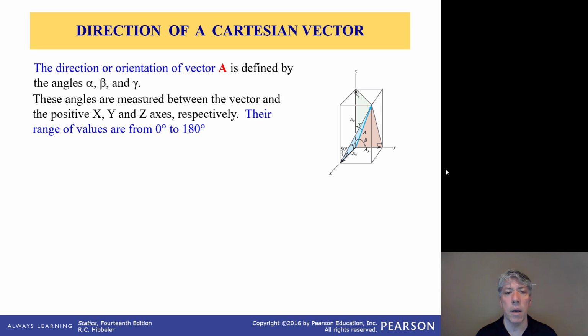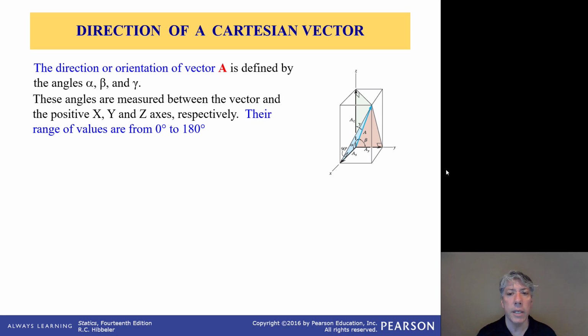Now, an interesting thing about these angles is that they can only vary from 0 to 180 degrees. If the angle between, say, the vector and the x-axis is 0, that means that vector lies along the x-axis necessarily. It has to. And therefore, beta and gamma would be 90 degrees, wouldn't they? Because the angle between the z-axis and the x-axis is 90 degrees.